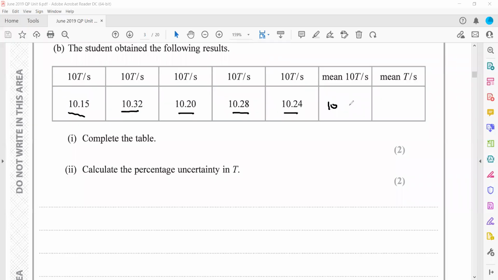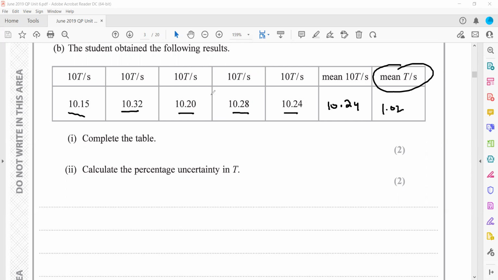The average is 10.238, but because all the values are given to two decimal places, this should be two decimal places as well. And then, how to get the mean time for one time period? This is the time for 10 oscillations, so for 1 you divide by 10, which will give you 1.02. That is the mean time.